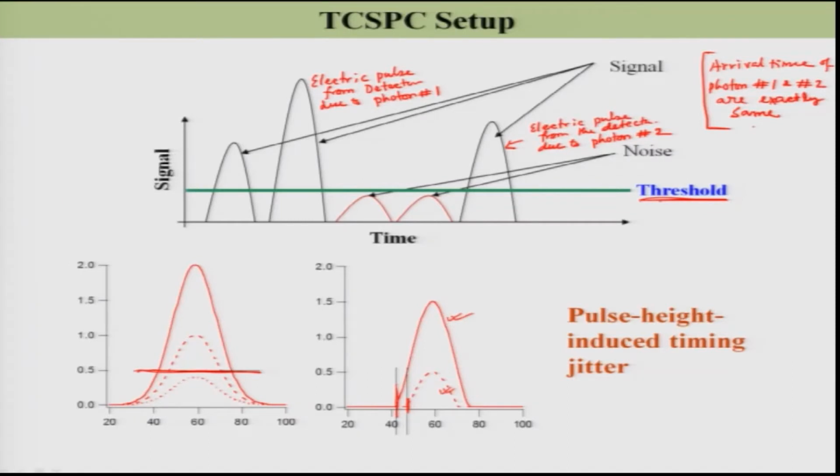So, when they arrive exactly at the same time, now I am not considering the transit time spread, I am considering the amplitude of this signal, because they have a variable gain. So, in this case, for photon number 1, the gain was more than for photon number 2.